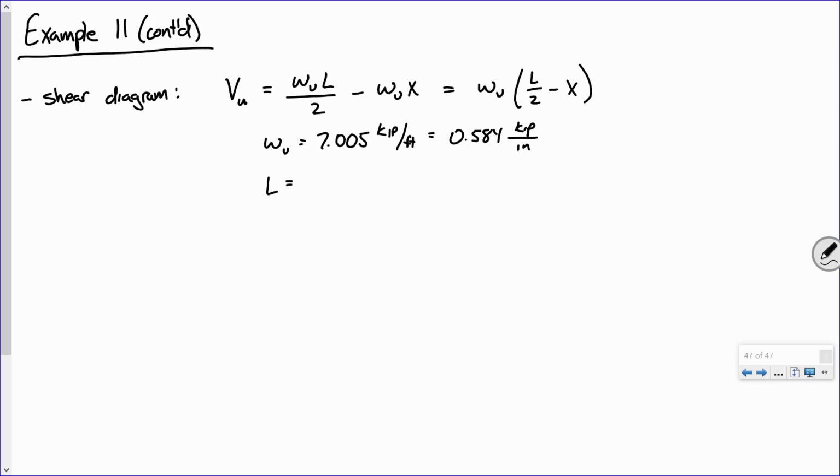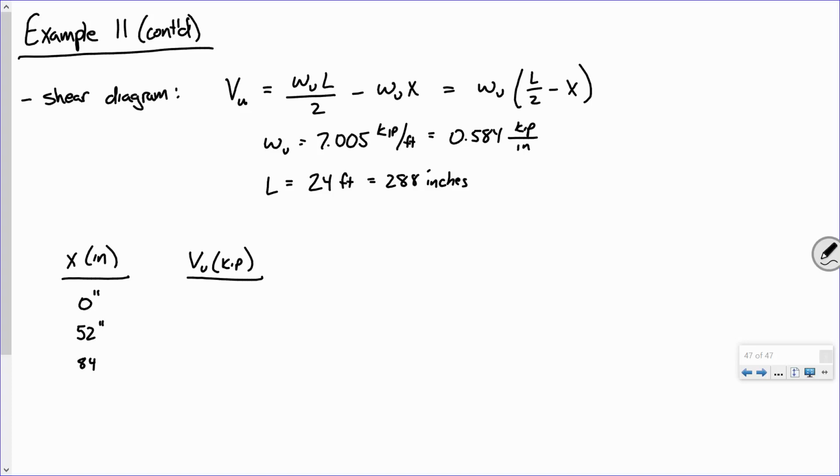And then length is 24 feet or 288 inches. Okay? What I'm going to do is calculate what the shear force is at these different increments. So I'm going to look at the shear at 0 inches and 52 inches and 84 inches and 124 inches and 144 inches. Okay?